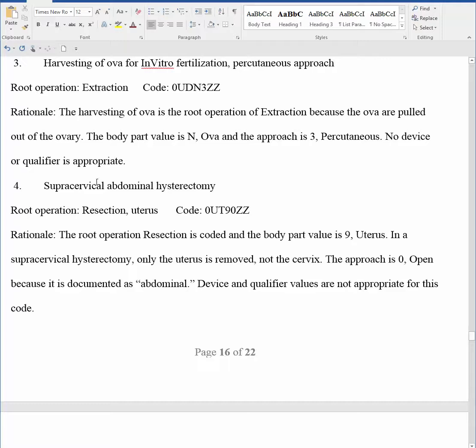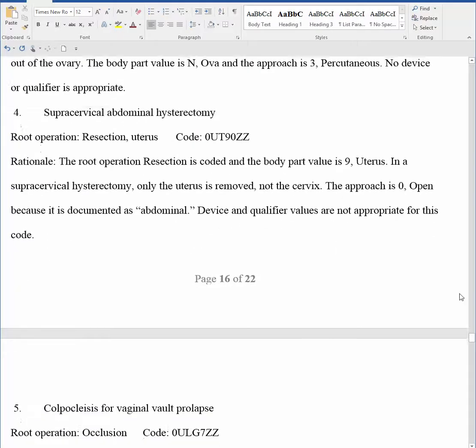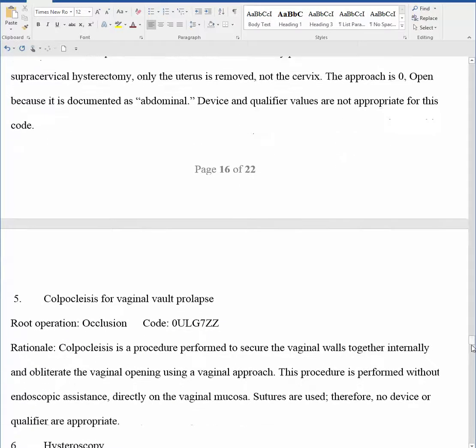How are they going to do that? They're going to have to make an incision. So the surgical approach is open. The cervix is not removed. 0UT90ZZ for resection of the entire uterus, which is 1 body part value in ICD-10 PCS.